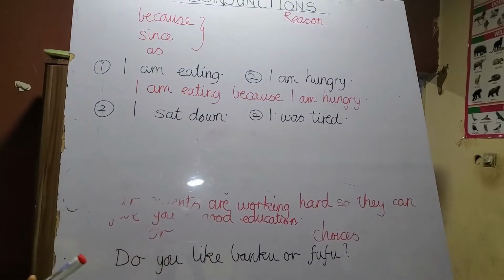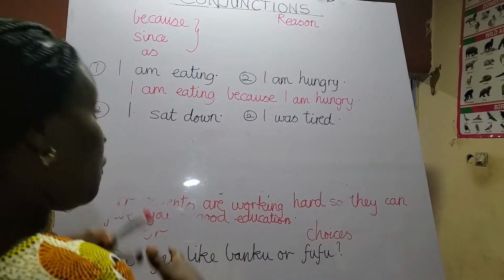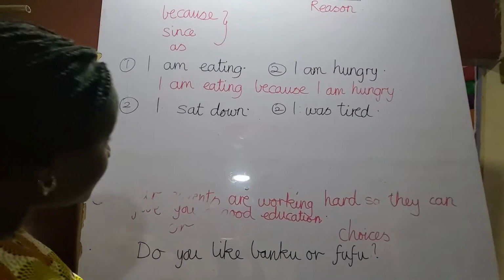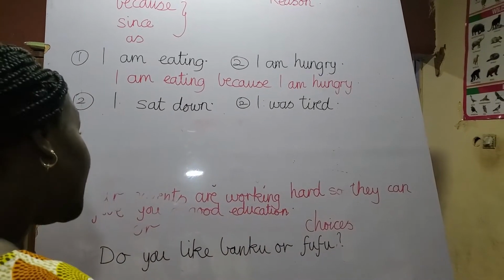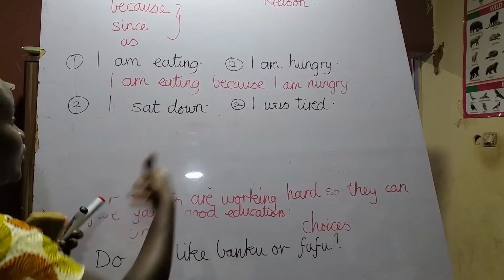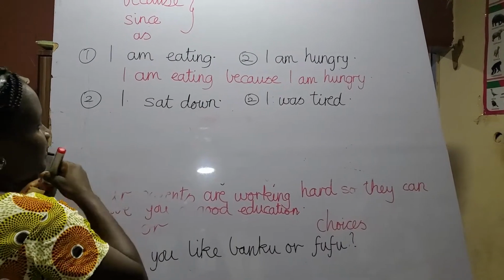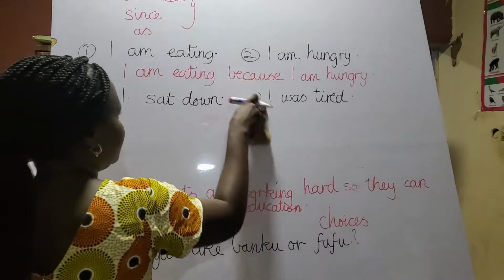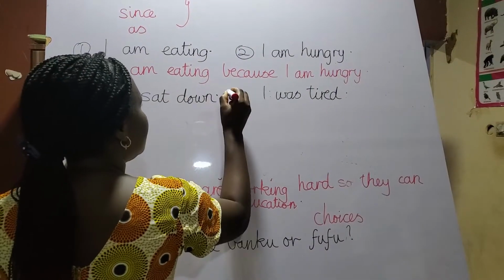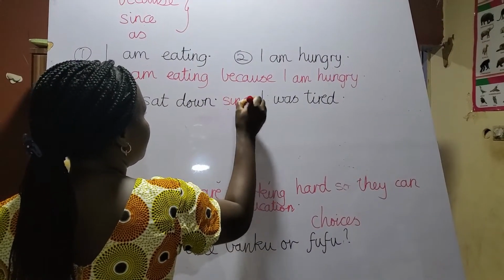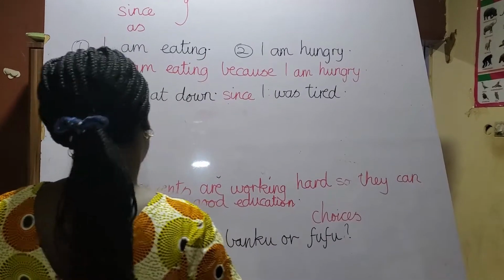I was tired. Why did you sit down? You sat down since you were tired. So let's join these two sentences using the conjunction since. I sat down since I was tired.